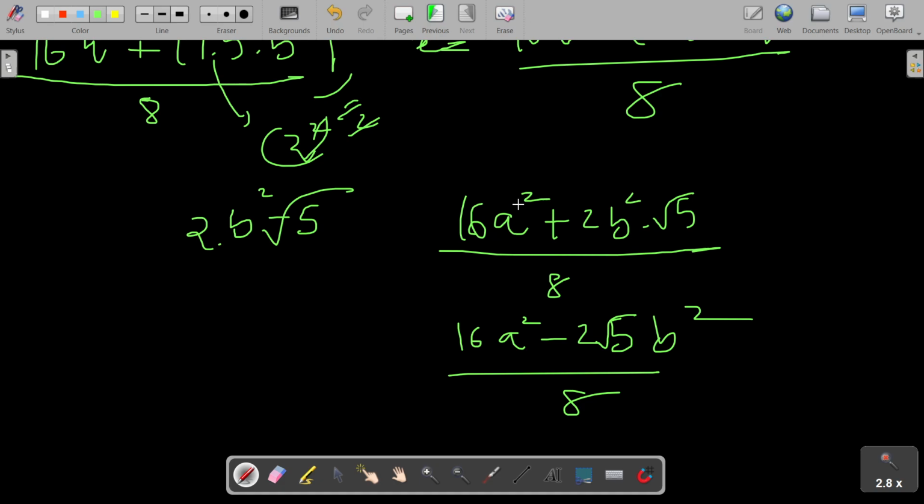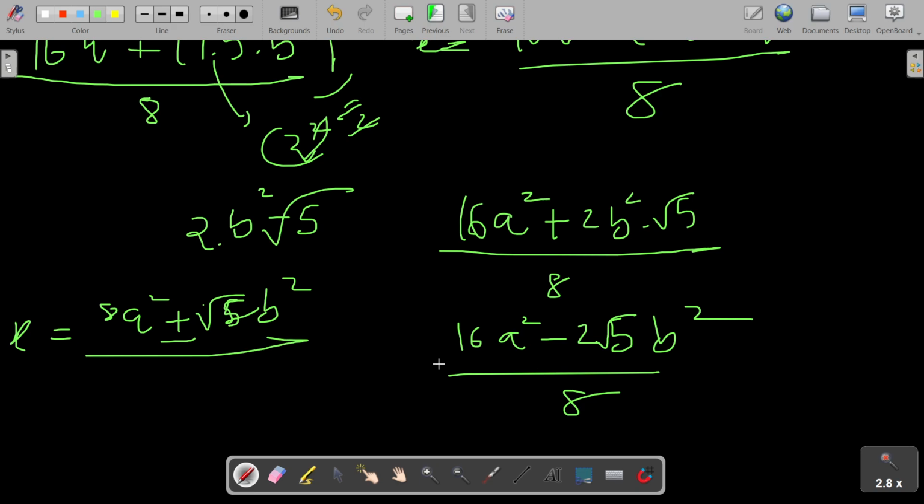What I can do is divide the numerator and denominator by 2. So we are left with 8a squared plus or minus root 5 b squared. I included minus also, so we do not need to write this twice.